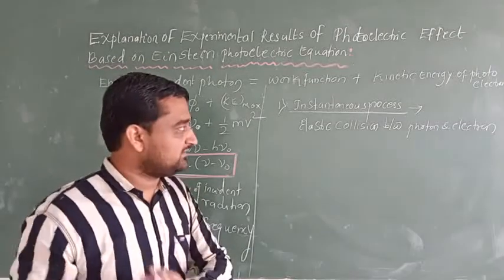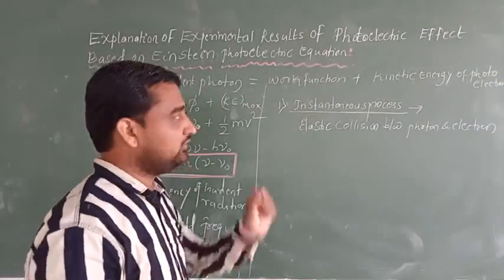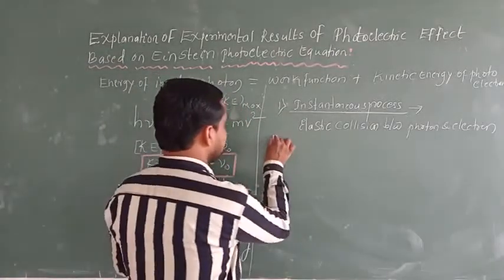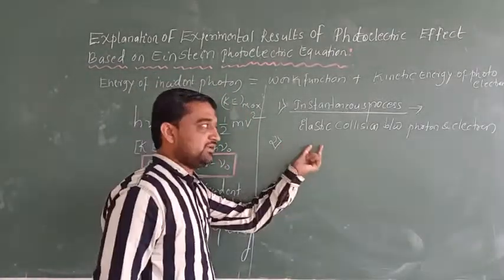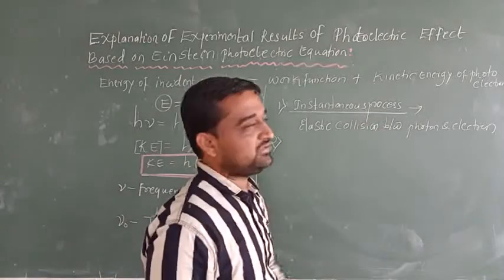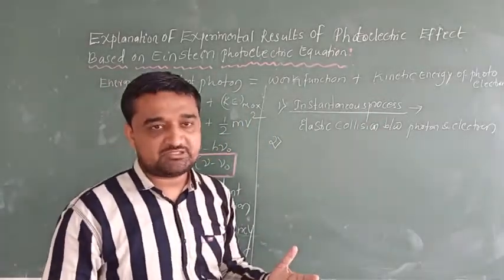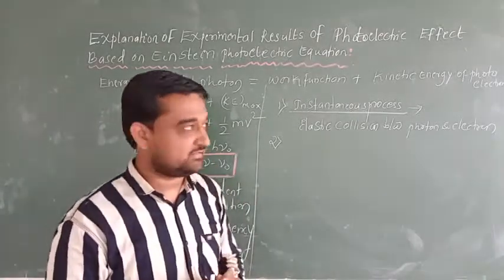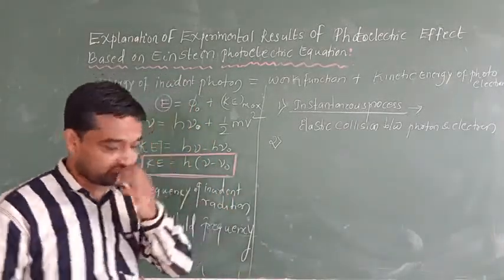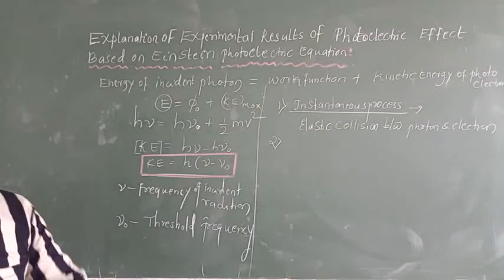Right? Hence you will get the photoelectric current. So the simple explanation for the instantaneous process is the elastic collision between the photon and the electron. Without delay in time, the transfer of energy takes place from photon to electron. So that's why it is an instantaneous or immediate process.